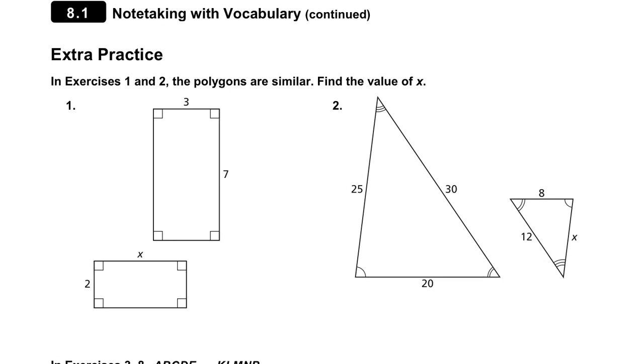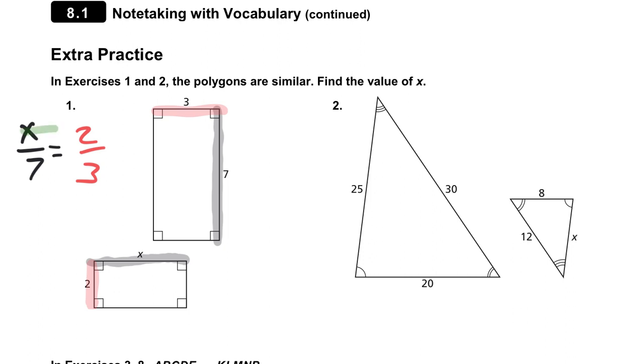So let's look at two corresponding sides. I have my x side here, which is the long side of my rectangle, and my long side here is 7. So I'm going to set up what's called a proportion. I'm going to write x over 7. Now from the same triangle, from my x, I want to look at another number, which is 2, and it corresponds with 3. So I'm going to say equals 2 over 3.